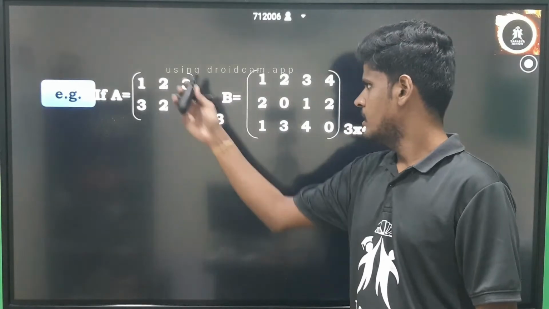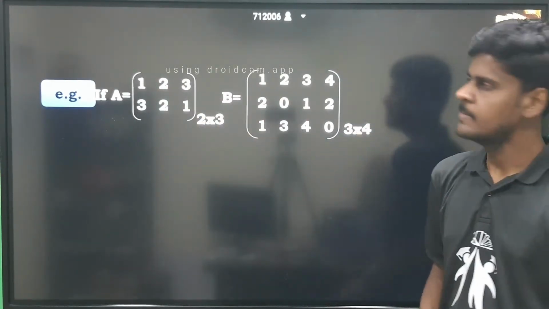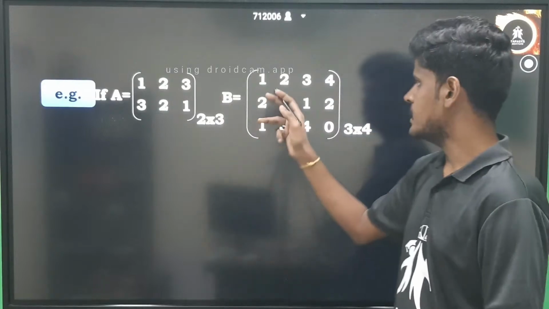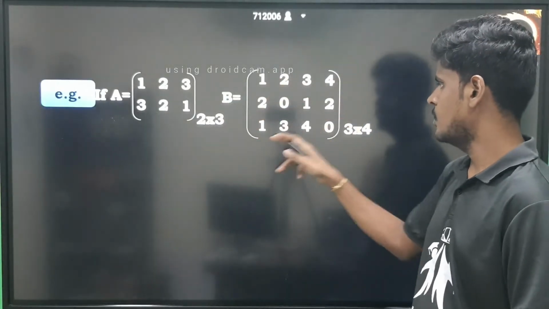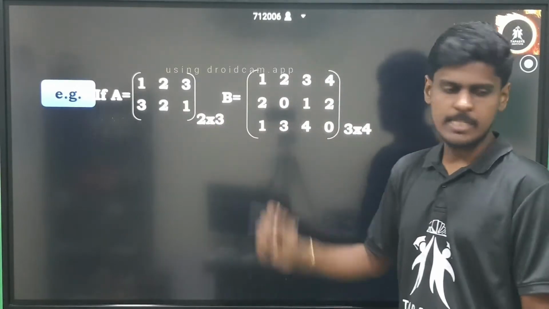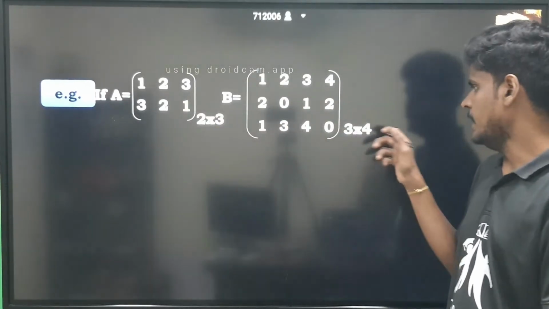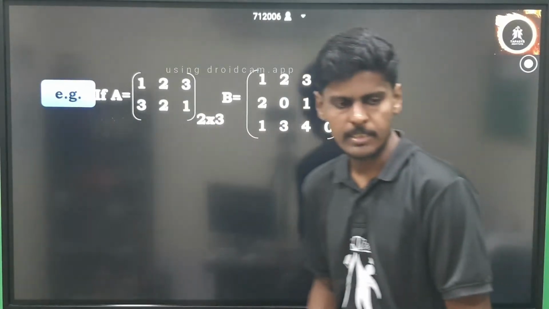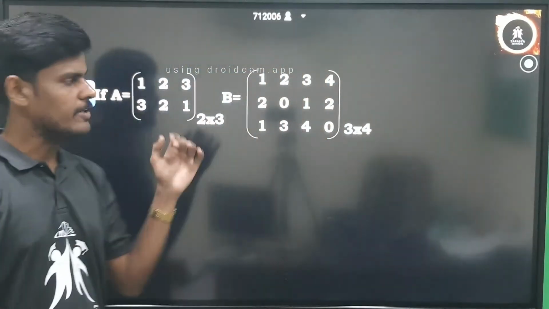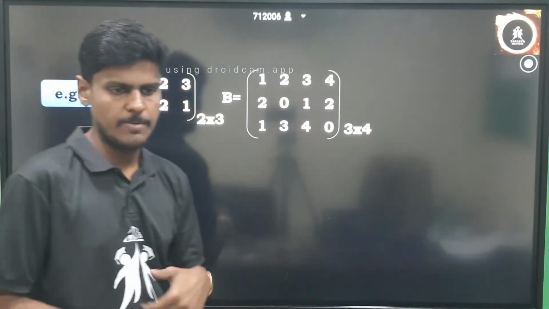For example, we take these two matrices. Matrix A is 1, 2, 3, 3, 2, 1. Matrix B is 1, 2, 3, 4, 2, 0, 1, 2, 1, 3, 4, 0. Now matrix A has the order 2 by 3 and matrix B has the order 3 by 4. Now how to multiply these two matrices? First we need to see if the matrices are multiplicable or not.